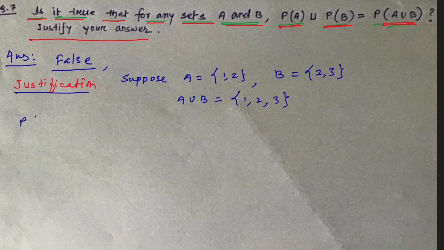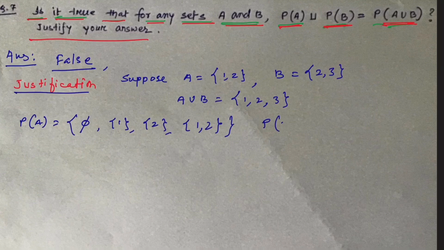Now let's find the power set of A. First the empty set must be there, then the set of 1, the set of 2, the set consisting of 1 and 2. This is the power set of set A. Then let's find the power set of B. That will be the empty set, then the set of 2, the set consisting of 3, then the set containing 2, 3. This is the power set of B.